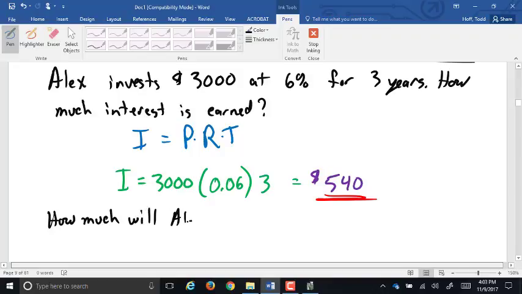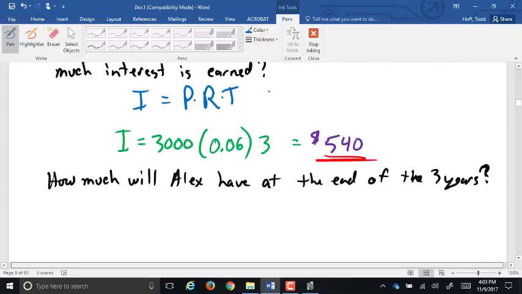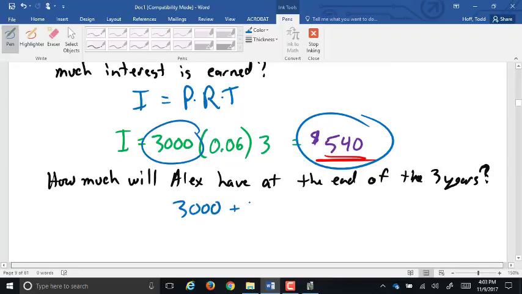How much will Alex have at the end of the 3 years? Well, all that's asking us to do is what? Perfect. Take our original 3,000, add the $540 to it. Alex is going to have $3,540.